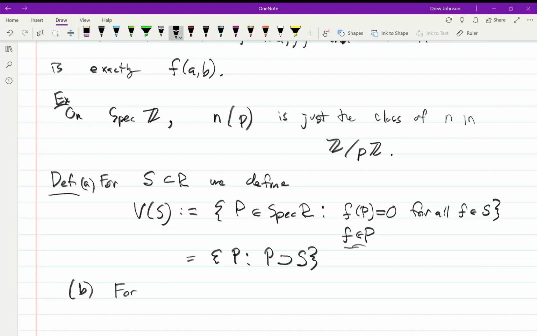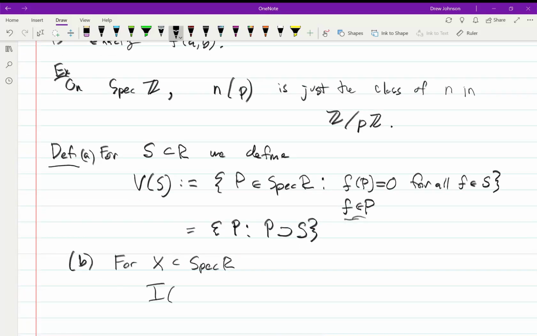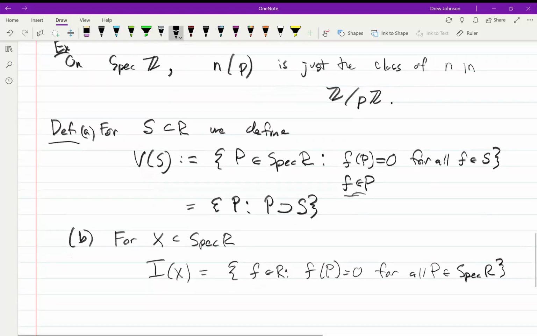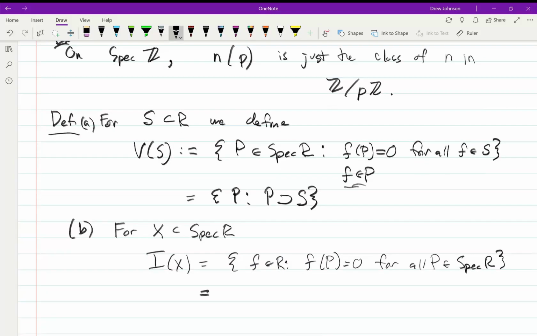So for X a subset of spec R, let's define the ideal of X to be the set of all f in R such that f of P equals 0 for all P in X. Once again, we can write that in a different way as the intersection over all P in X of P. Using this equivalence, you can see that these two are the same thing.